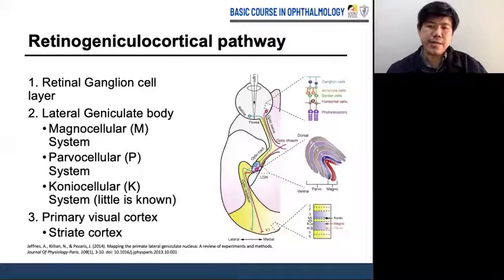They connect to a lot of ganglion cells from the fovea and carry high resolution information about an object's borders, color contrast, and shape. So they receive about 90% of all retinal input. Little is known about the third system, which is the koniocellular system. However, they found that it is significant in color perception, especially blue.